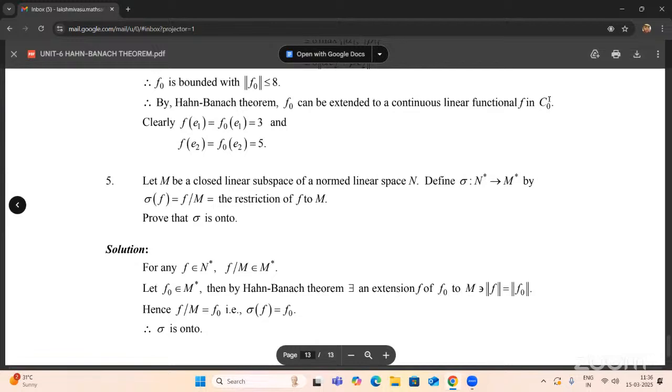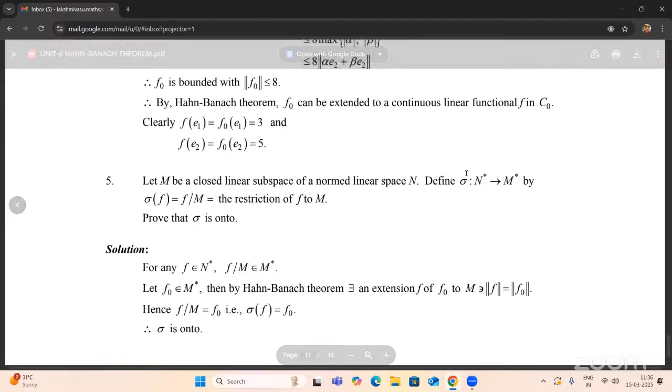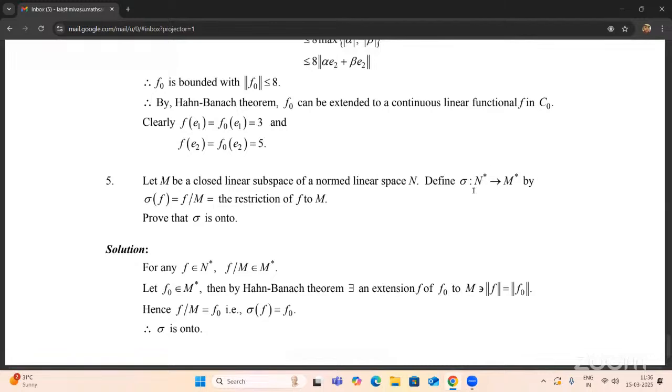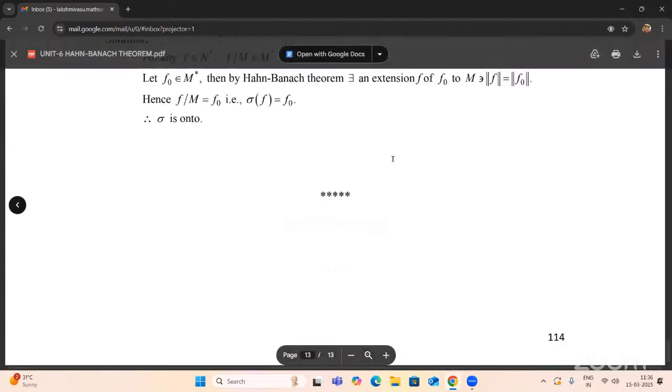Here, for F belonging to N star, sigma of F equals the restriction of F to M. Already we have explained the quotient space. Prove that the map sigma is onto. That is a simple concept.